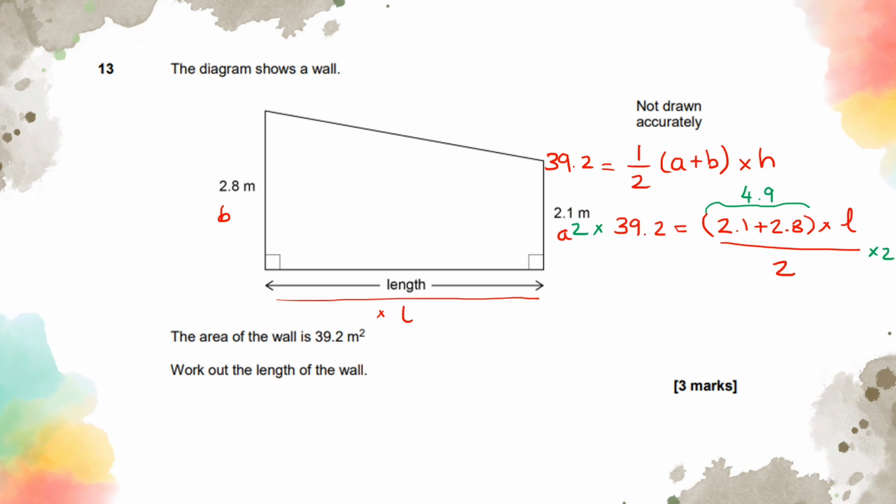So timesing both sides with 2 is going to give you 39.2 times 2, which is 78.4, is equal to 4.9 times L. Then I need to divide both sides with 4.9, which is going to give me L as 16.